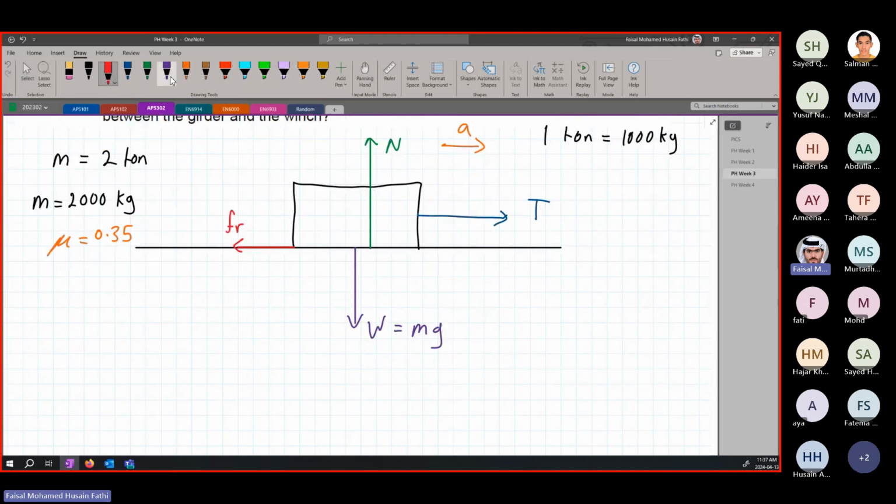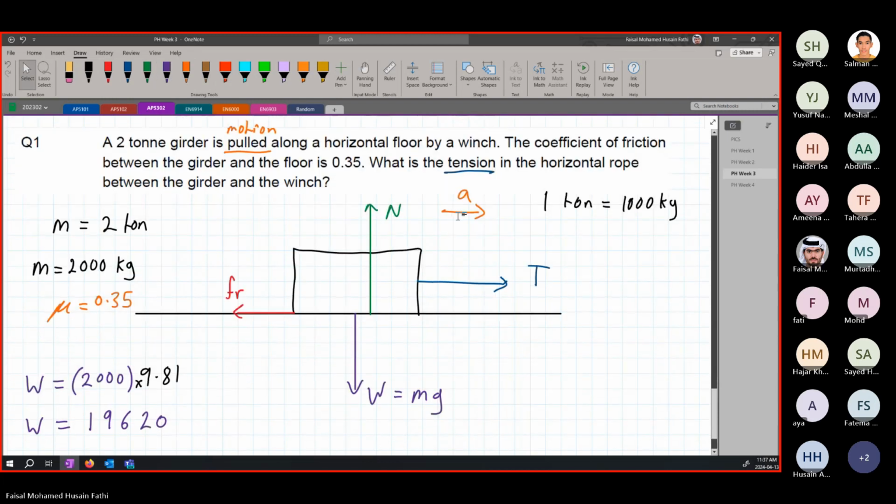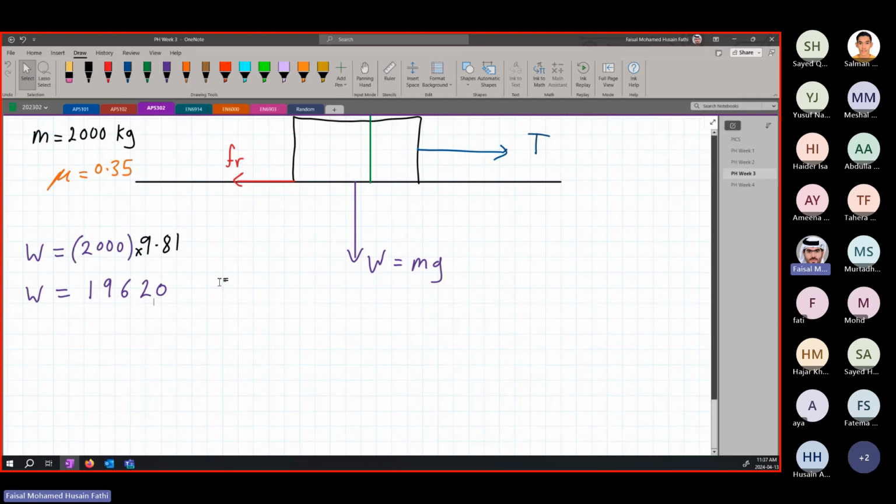So the first step is we can find our W. W is equal to mg. Mass is 2,000 kilograms. Gravity is 9.81, times 9.81. So W is equal to 2,000 times 9.81, which is 19,620.